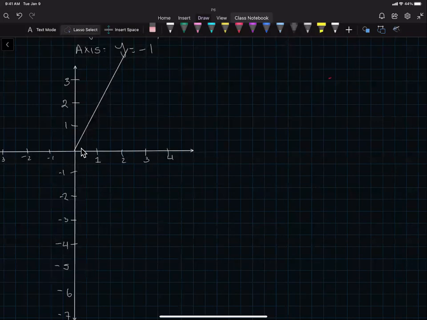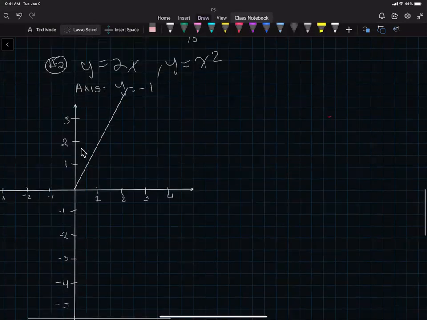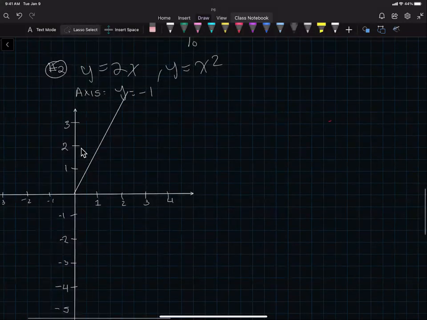Okay, and then the next one is going to be y equal to x squared. So x squared, that's going to be this, and then 1, 1, and then 2, 4, which is right here.